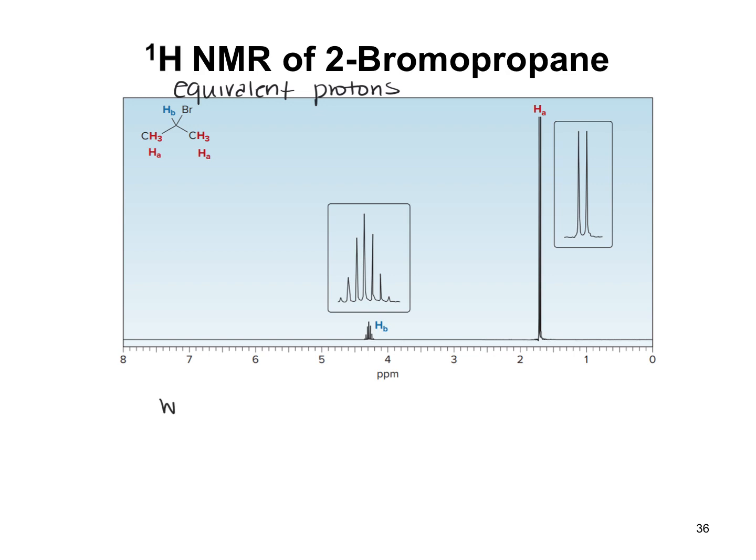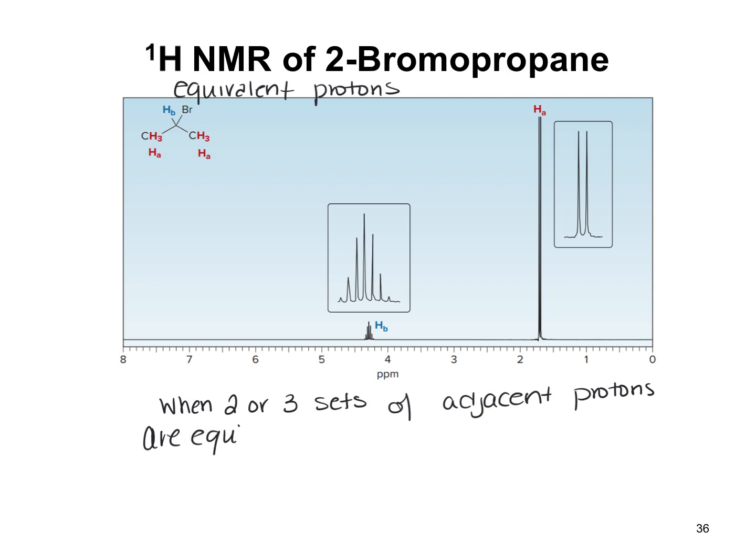When you have 2 or 3 sets of adjacent protons that are equivalent, use the n+1 rule to determine the splitting.